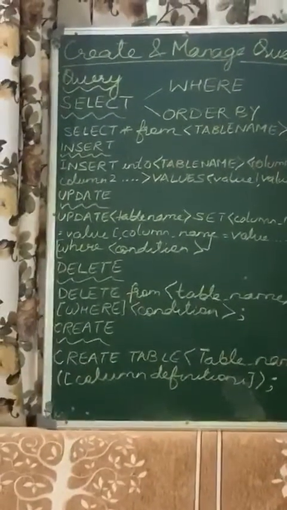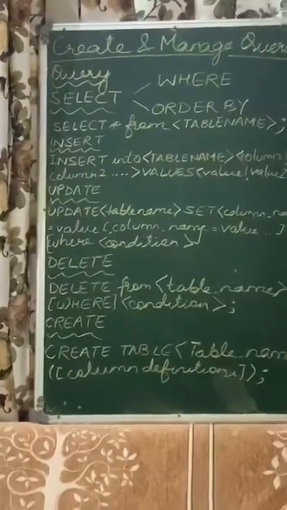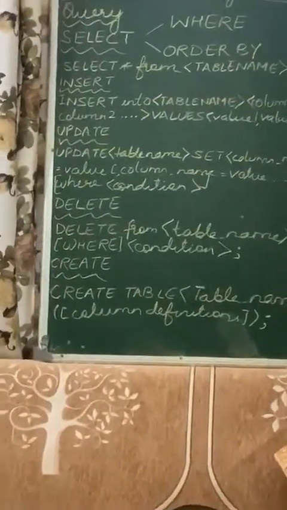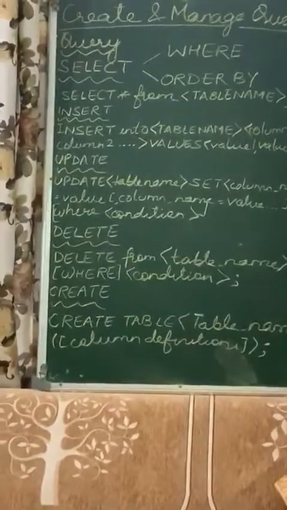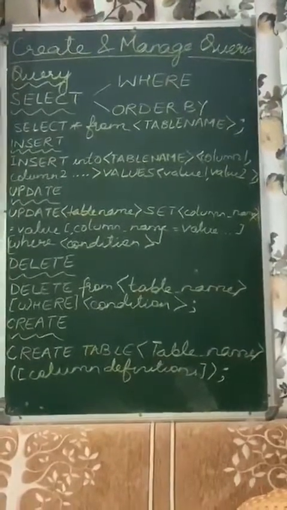So to create a table, you mention the table's name and then its definition, that means its parameters, the various column names. After creating the table, you insert values in it.